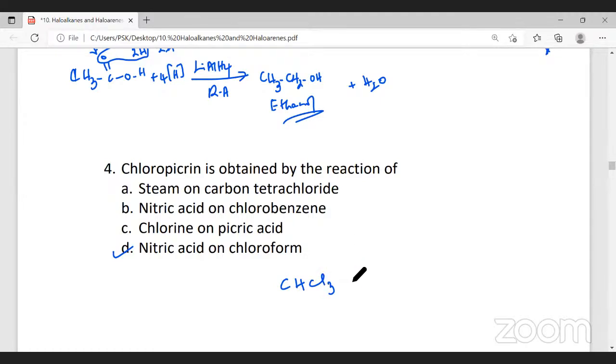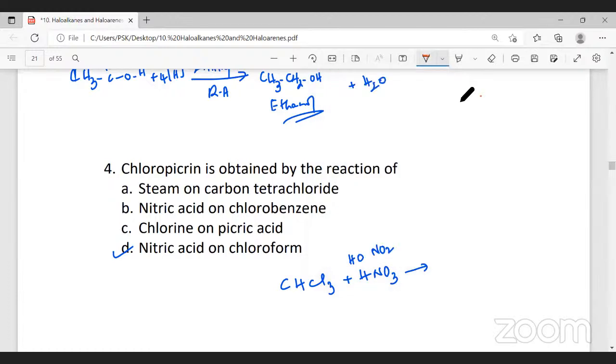When the CHCl3 is allowed to react with nitric acid, HNO3. Now this nitric acid, I will write it as OH and NO2 for our understanding. So what happens here is this OH and this H get eliminated as water. In place of H, what else is there to go?